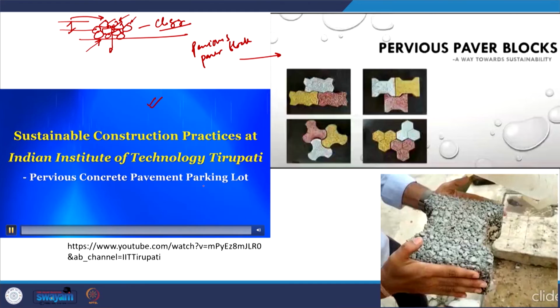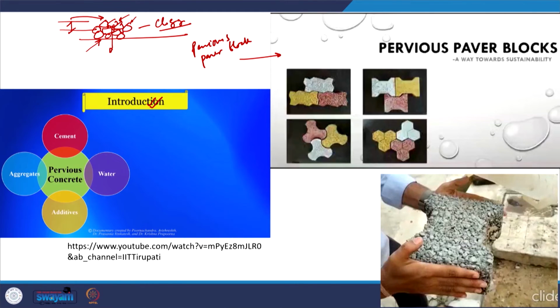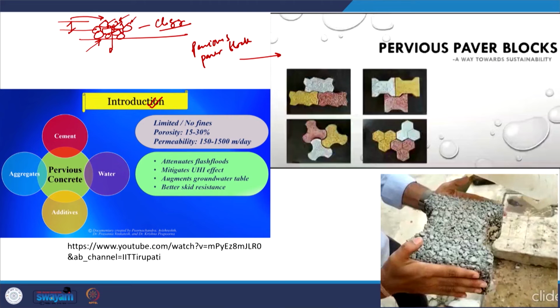So, let us see this first video. We are referring to studies done at IIT Tirupati. This shows the ingredients. These are some of the features, advantages, and then applications.